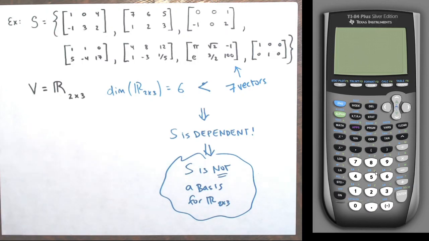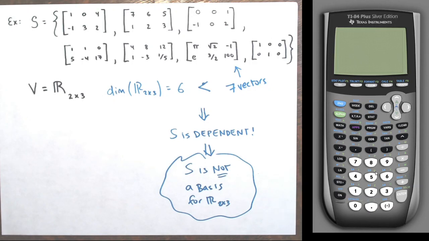And if you know the dimension, you need to only show that a set is spanning or that it's linearly independent to show that it's a basis. And if you don't know the dimension, you have to show both, which really you could show both pretty quickly anyway.